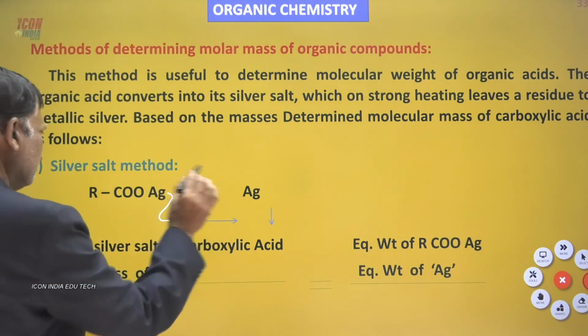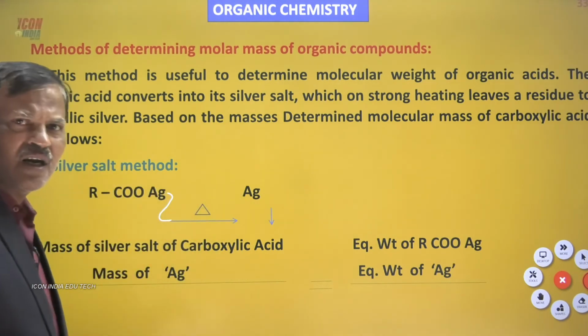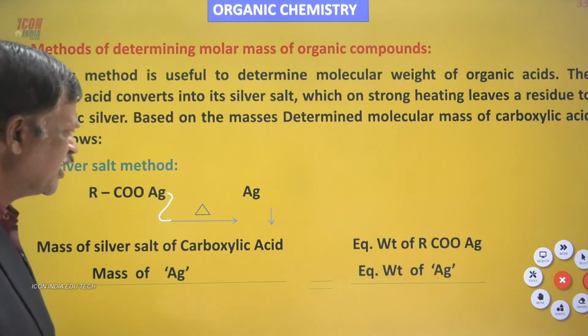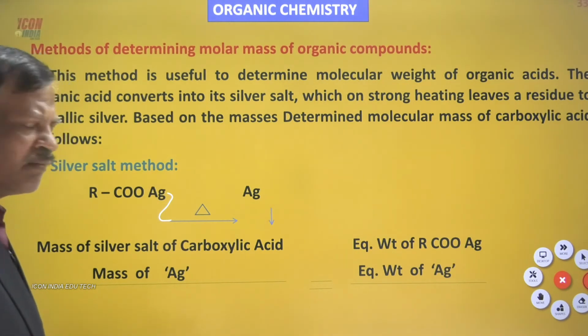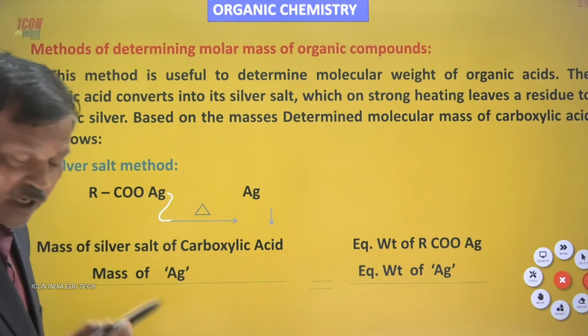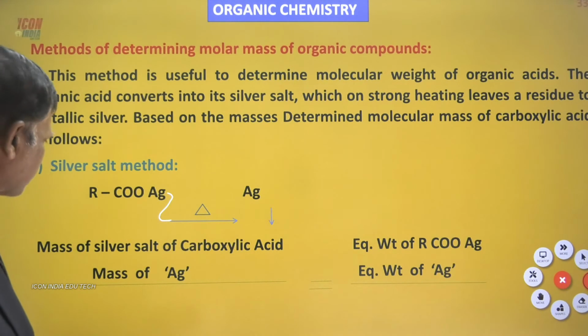So, from the mass of the silver and the mass of the silver salt of fatty acid or organic acid, we can determine the molecular weight of organic acid. How?